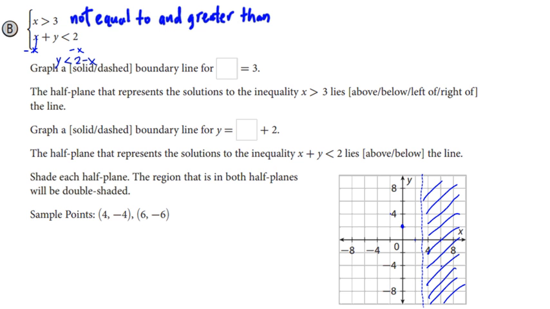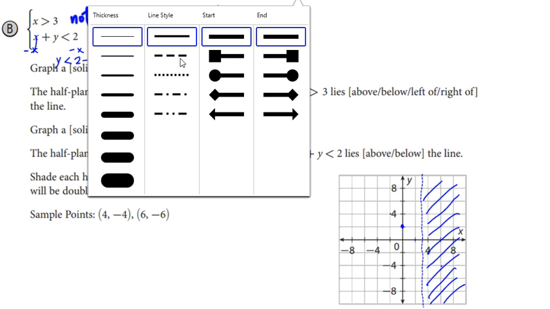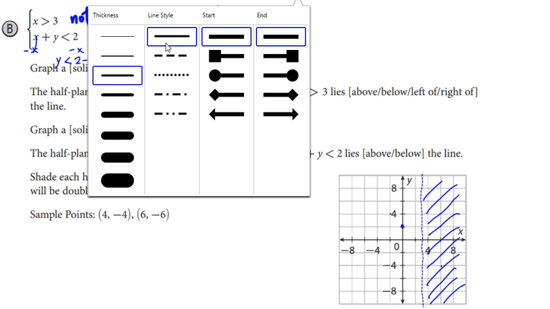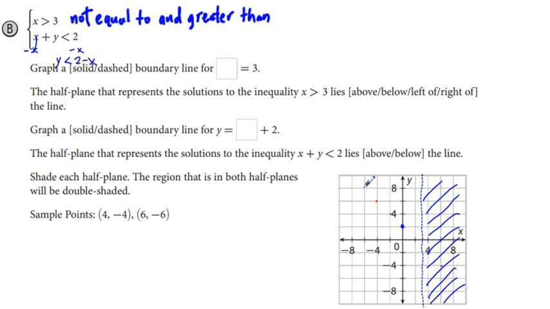And I'm going to get a dashed line here. I'm going to try to get a line that's a little bit bigger. I'm going to try to go to a red one. Okay, I'm going to get one that's dashed and a little bit bigger than the other one. So it's going to be like this. Here would be a point, point, point. From here, go down.